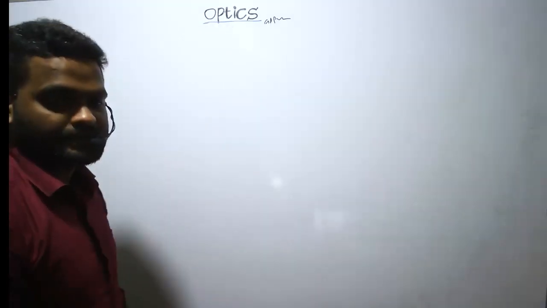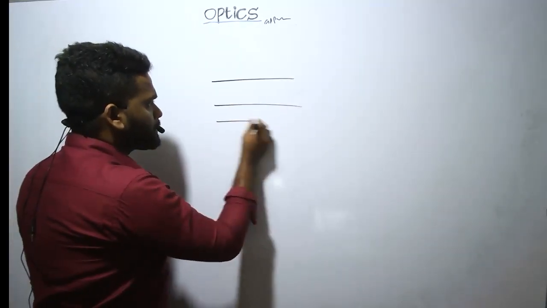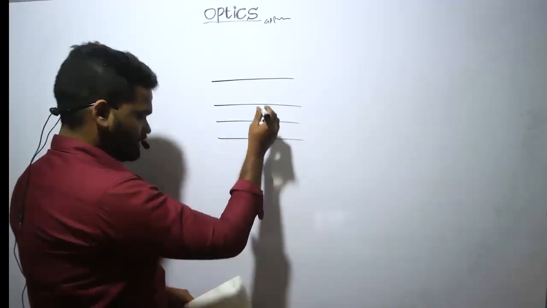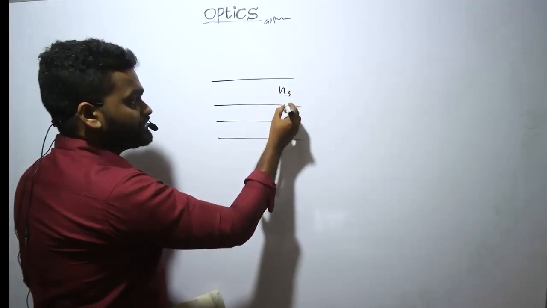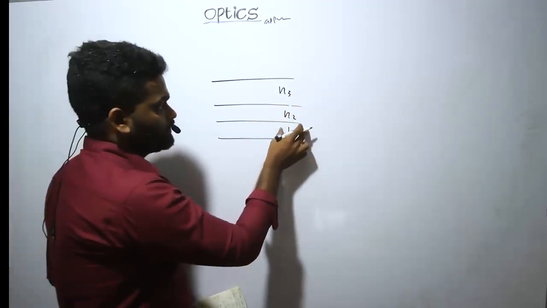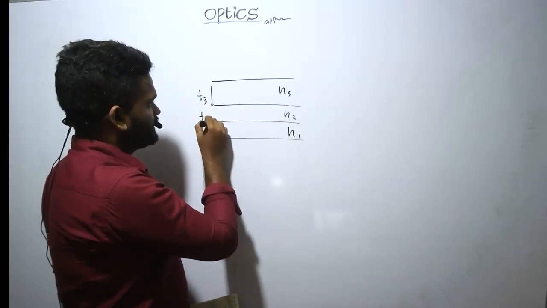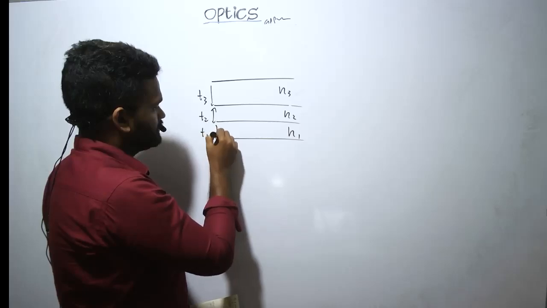It is like this. Put a comma. Let's say this is N3 medium, N2 medium, N1. You can draw it with me. N1, N2, N3, and thicknesses are T3, T2, T1.